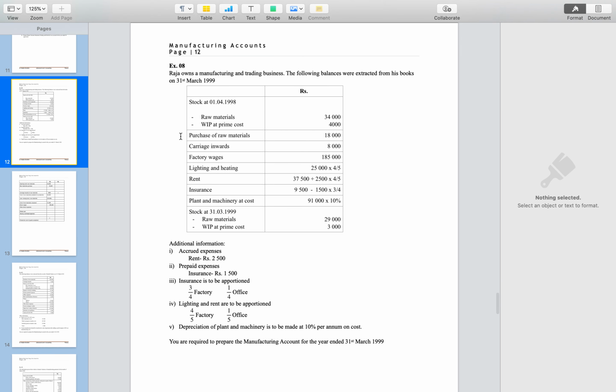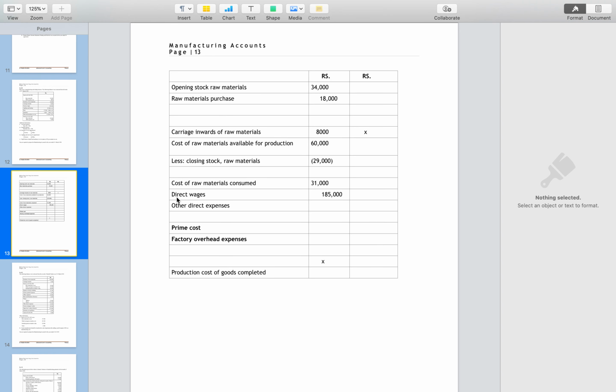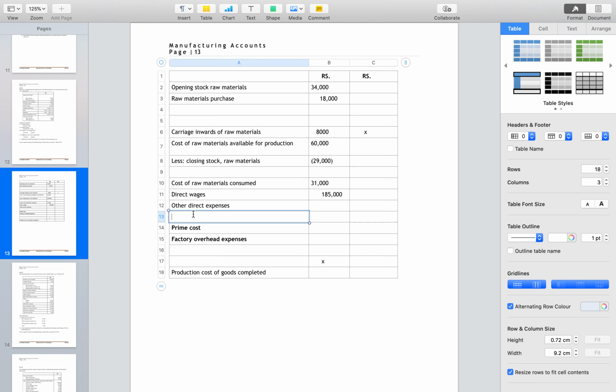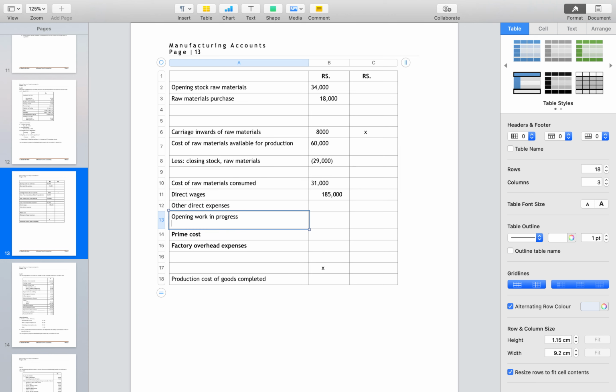But in this question, they have clearly said work in progress should be taken at prime cost. So in a given question like this, once you come to direct wages, you search for any other direct expense. If that is not there, below this should be opening work in progress, and minus closing work in progress.